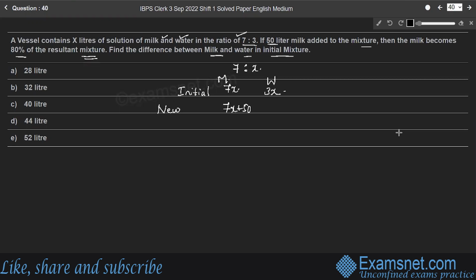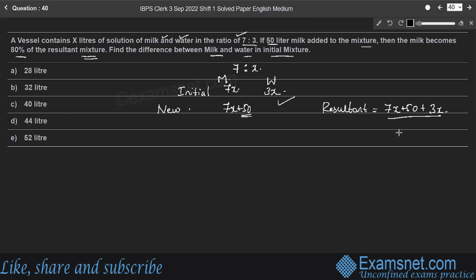So if 50 liters of milk is added, what is the resultant mixture? Resultant mixture becomes milk plus water. Milk is 7x plus 50, and water quantity will be as it is, that is 3x. So this is the resultant mixture.